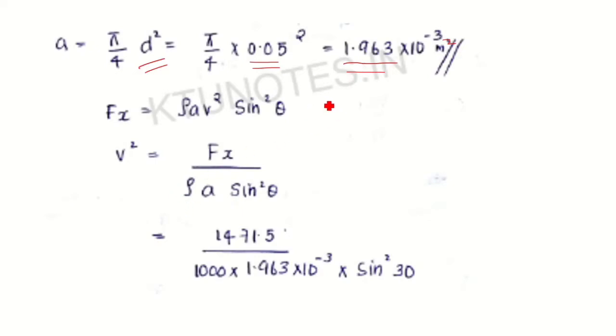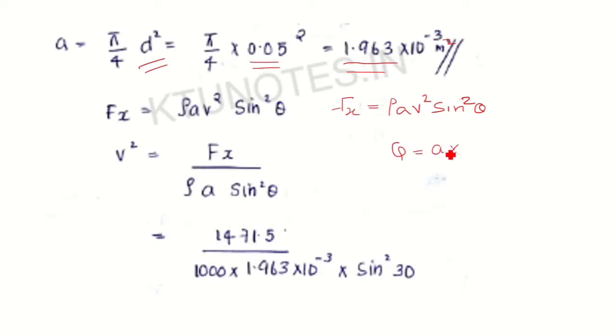So we know that F of x, the force exerted in the direction of the jet, will be rho a v square sine square theta. In order to find the rate of flow, we need to find the velocity with which the jet is moving.